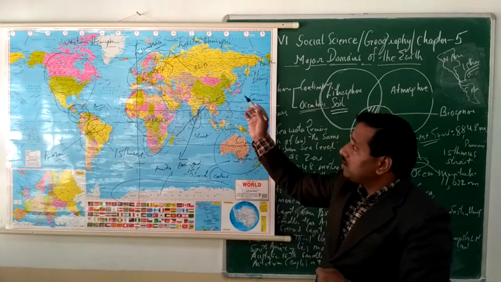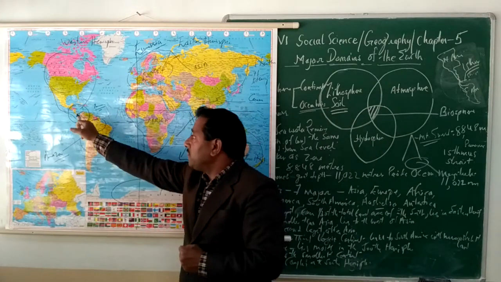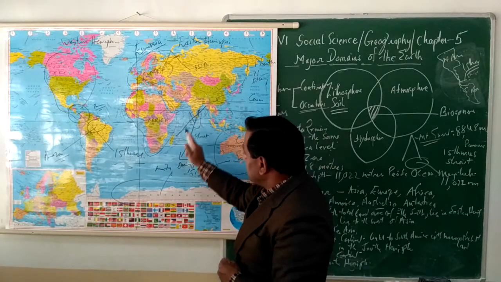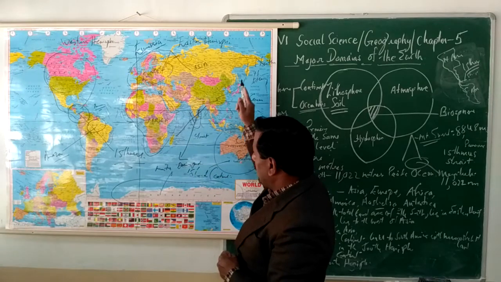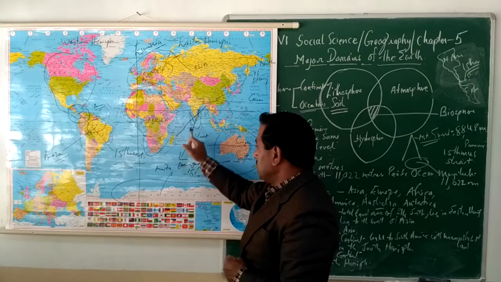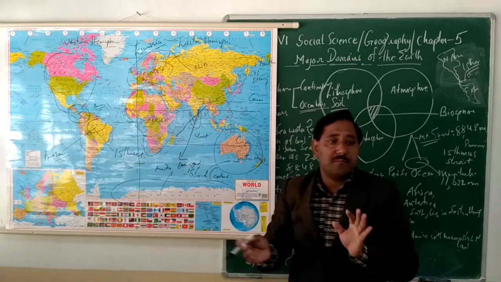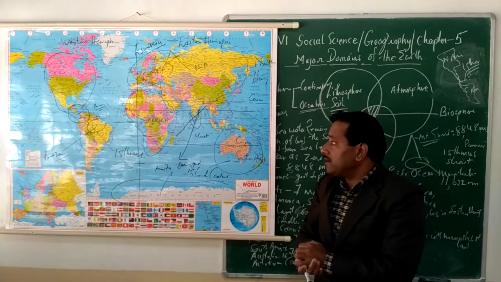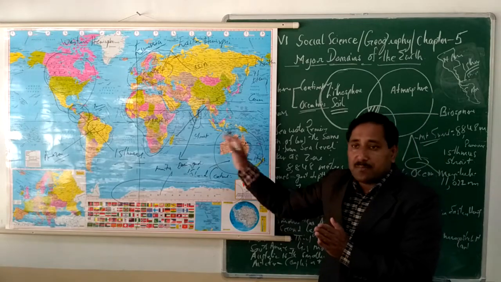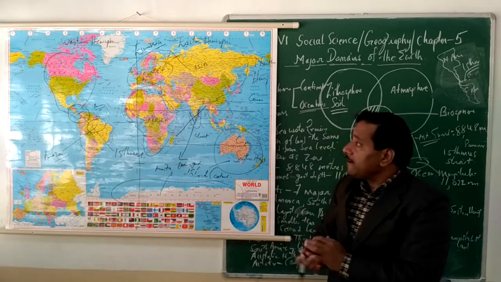So this was about the isthmus. An isthmus is a narrow stretch of landmass which joins one part of the continent, and a strait is a narrow stretch of water which separates one country from the other. This is just an example of a narrow stretch of seawater known as a strait.